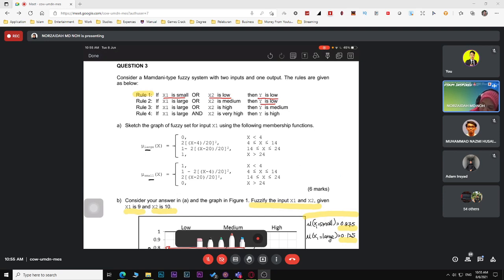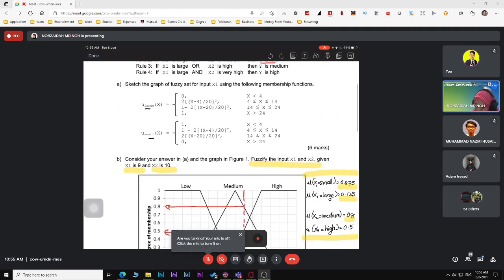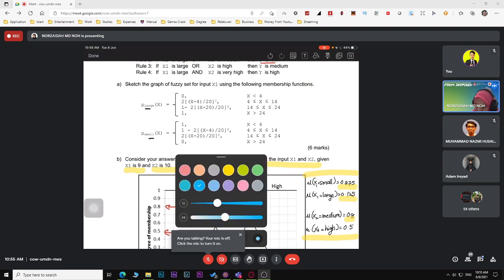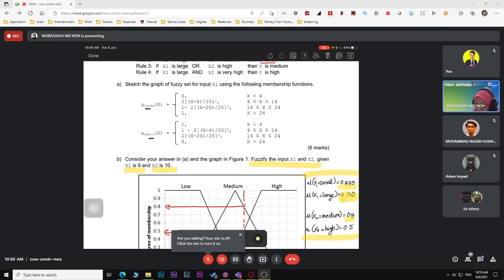Okay, so we look at rule 3. Now we go to rule 3. Okay, rule 3 connector dia OR lagi. So kita masih guna max. Max antara value X1 is large and X2 is high. Large adalah 0.125, high is 0.5.